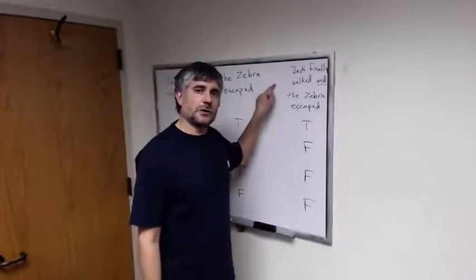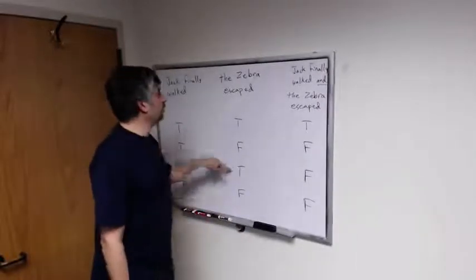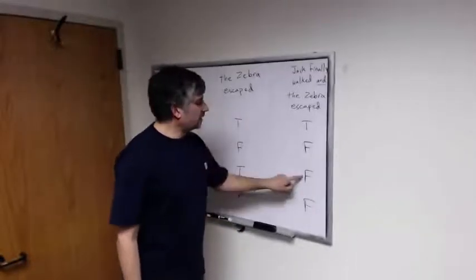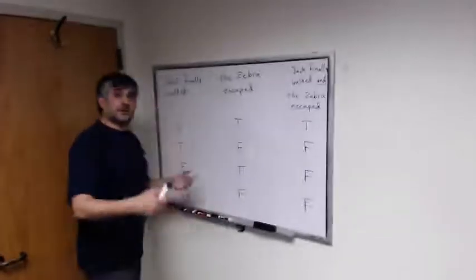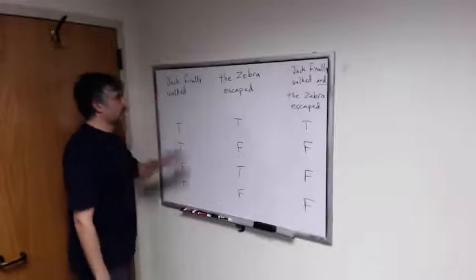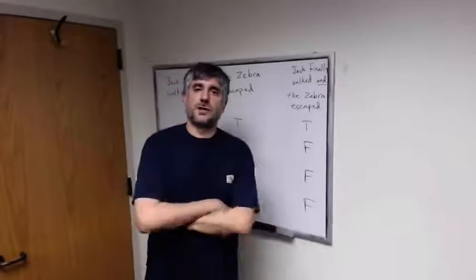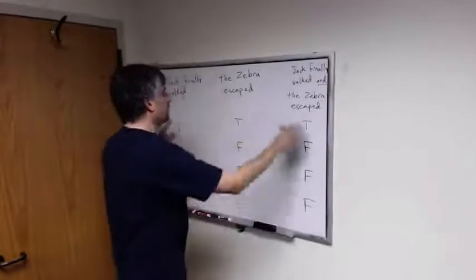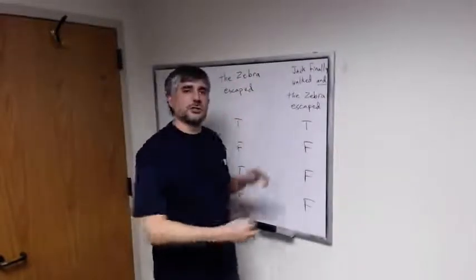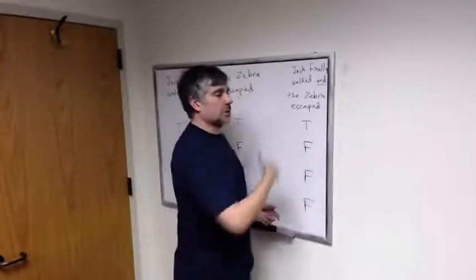If it's false that Jack finally walked and it's true that the zebra escaped, then it's going to be false. And finally, if it's false that Jack finally walked and it's false that the zebra escaped, then of course it's going to be false. So once again, same truth table, even if we change the ingredient propositions that we're putting together with the truth functional connective and to make the resultant proposition.